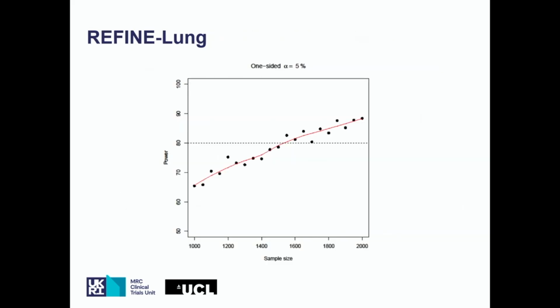This is the result of our simulations there. What we found was that approximately 1,550 patients did seem to be enough to reach that 80% power. Interestingly, this is roughly in the same ballpark as the estimate for the sample size that we got when we initially tried to design this as a standard two-arm non-inferiority trial.